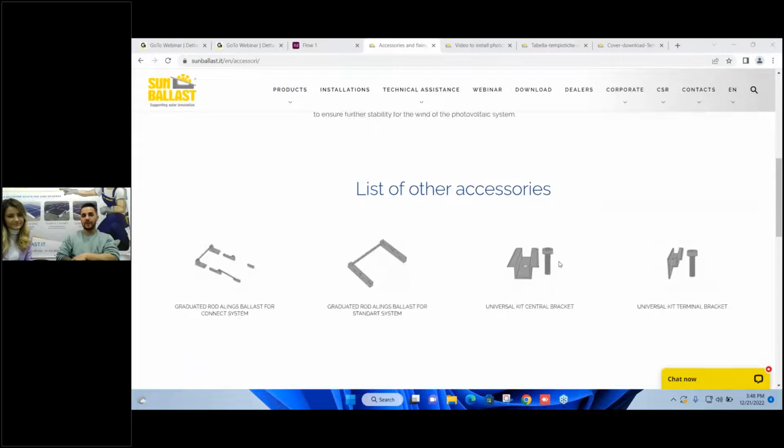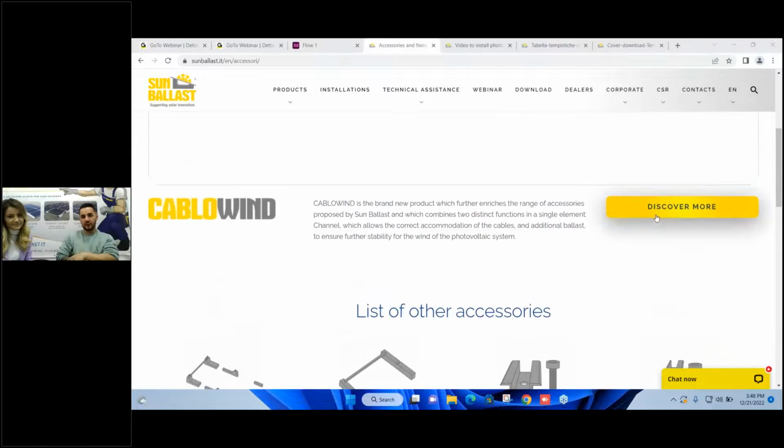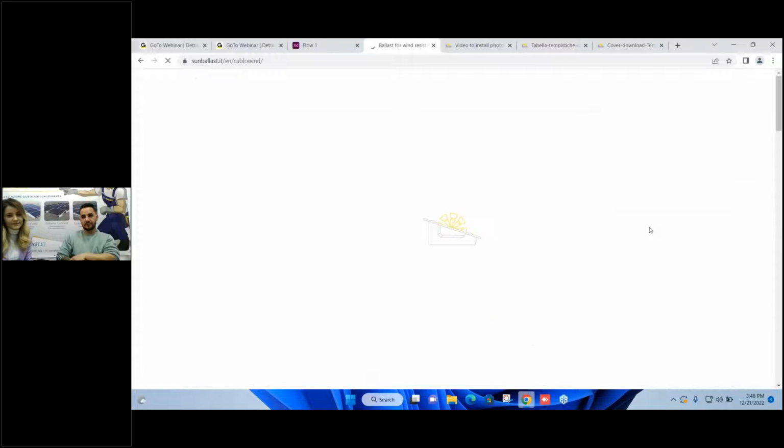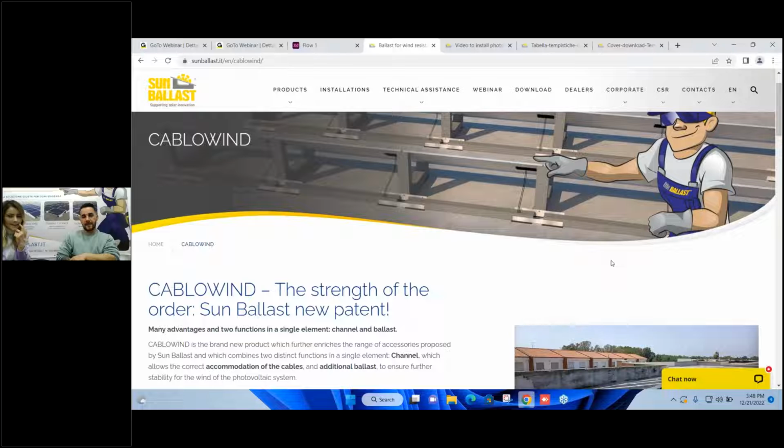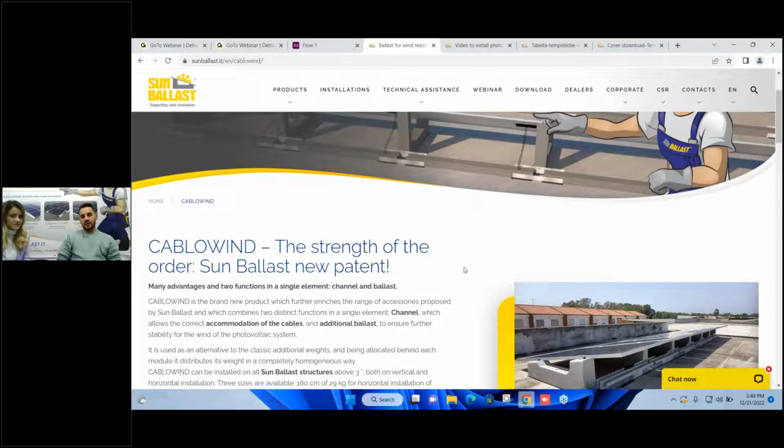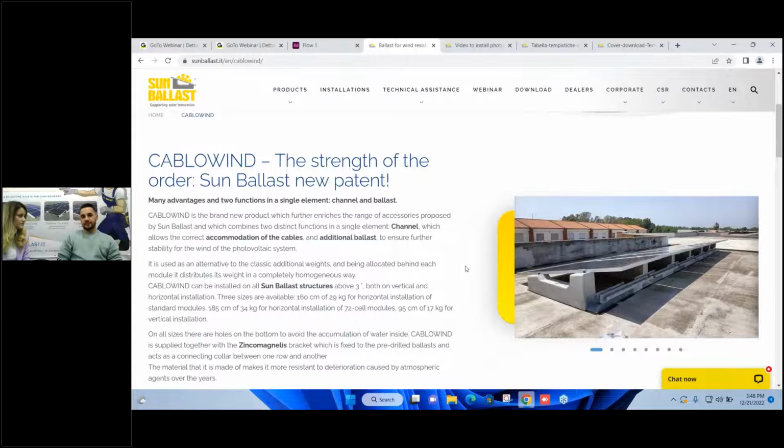Here is the list of accessories. This is the accessory that we use with the Sun Ballast system. It has two functions: it makes the system more wind resistant, and it also helps to accommodate the cables, as it says.